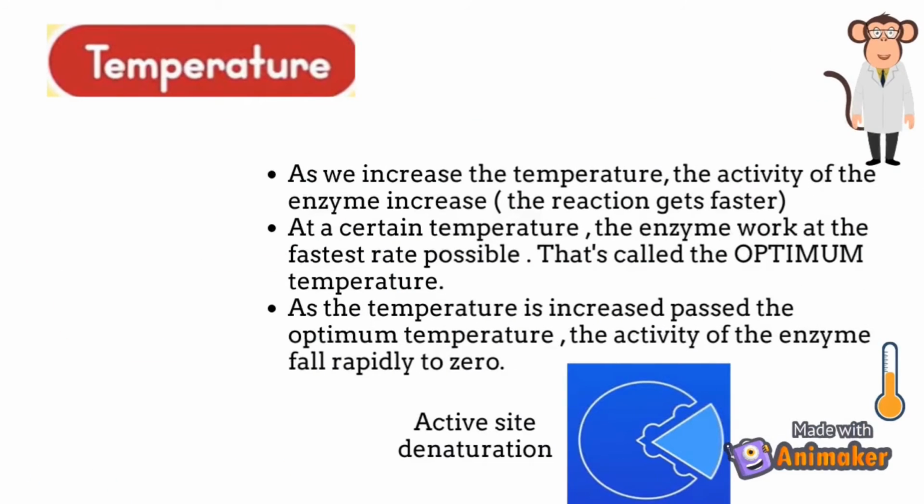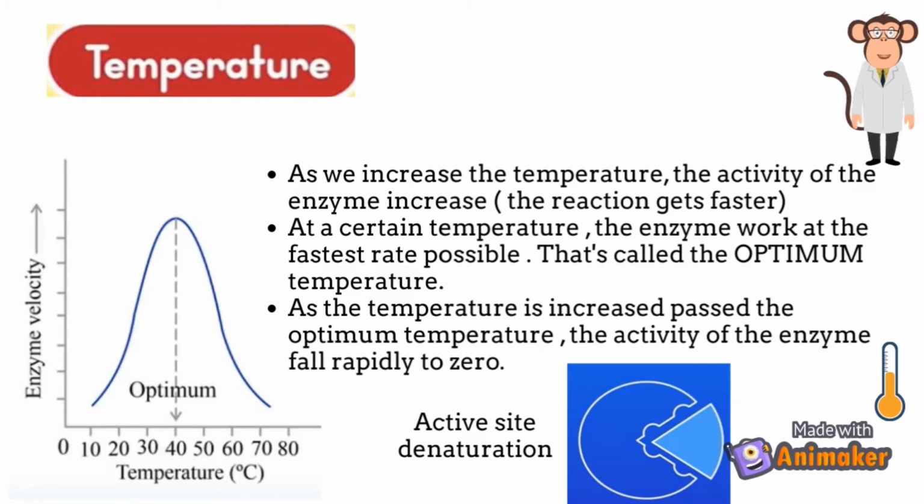Imagine having an enzyme catalyzed reaction and gradually increasing the temperature. At each temperature, the activity of the enzyme is measured and a graph like this is obtained. As you can see, as we increase the temperature, the activity of the enzyme increases. In other words, the reaction gets faster. At a certain temperature, the enzyme is working at the fastest possible rate.